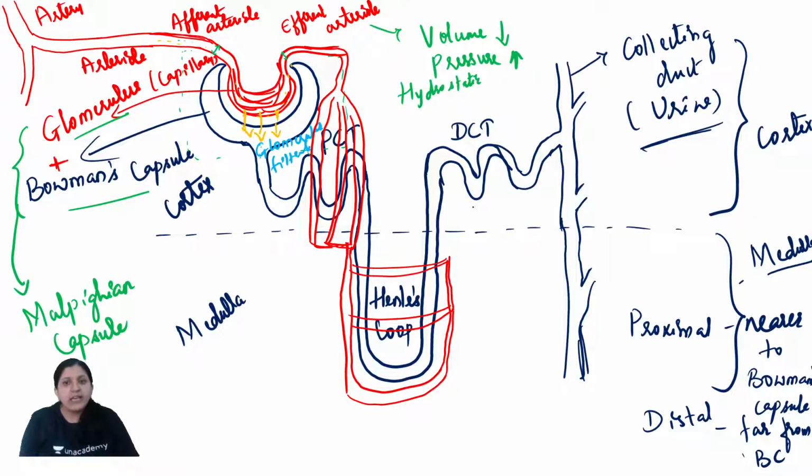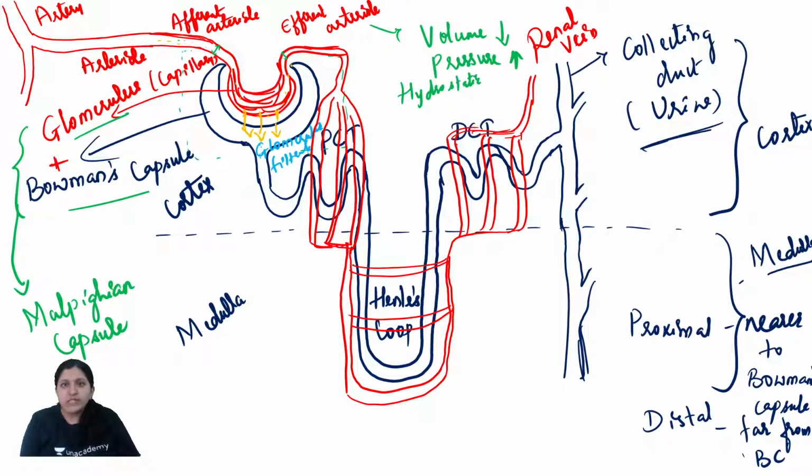Again there will be a further division which we can see around the DCT also. These are all going to join later on, and where will this join? This will be joining the renal vein.